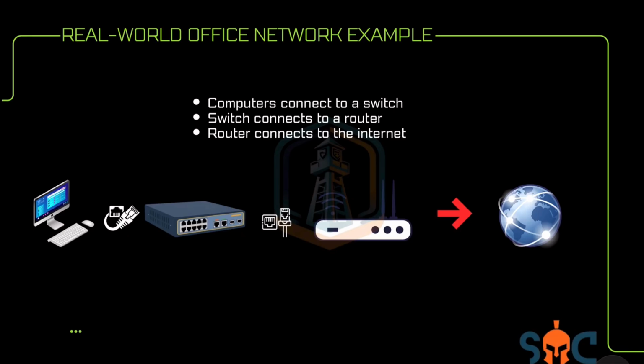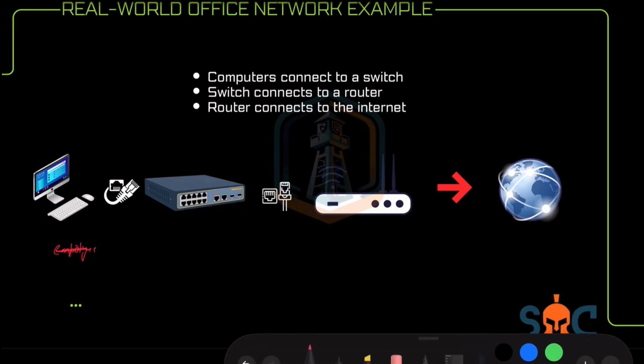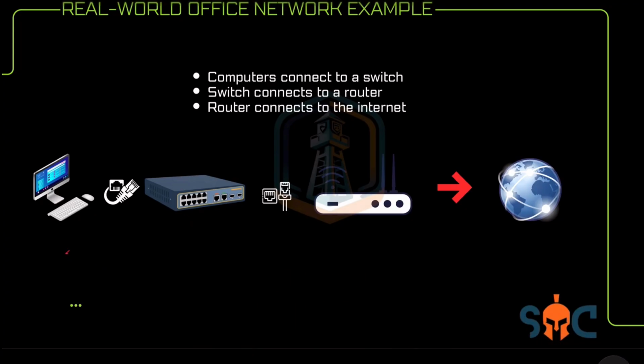In an office network, employees connect to switches, switches connect to the router, and the router connects to the internet.